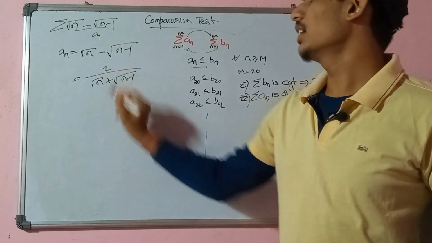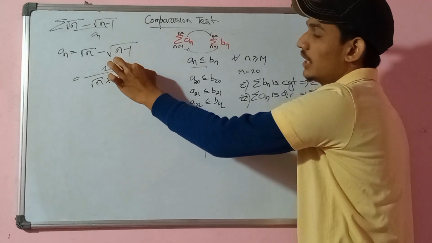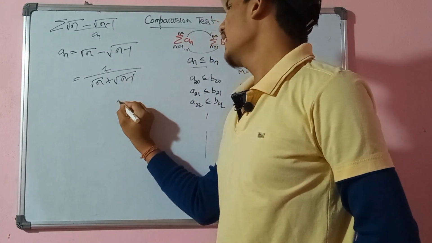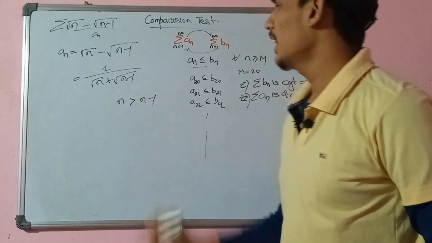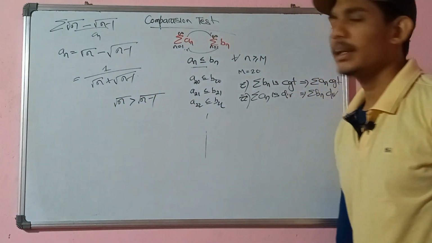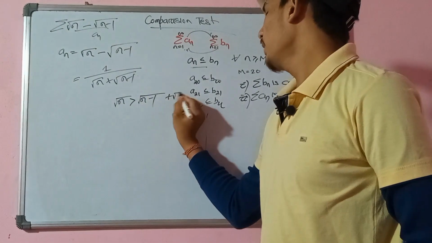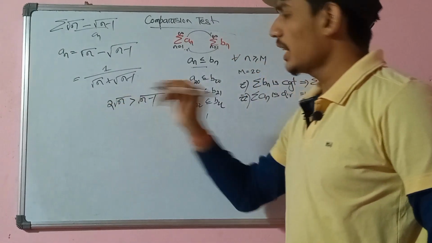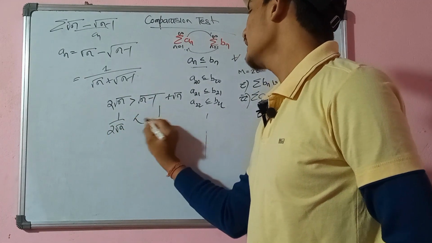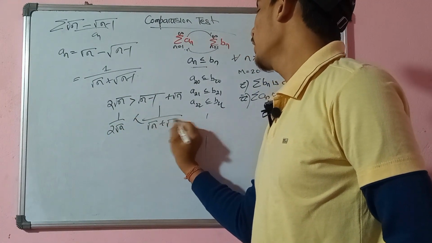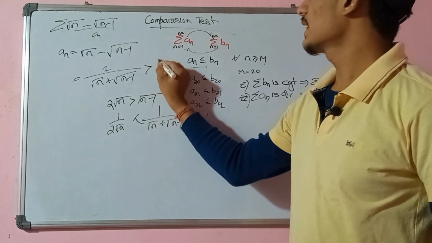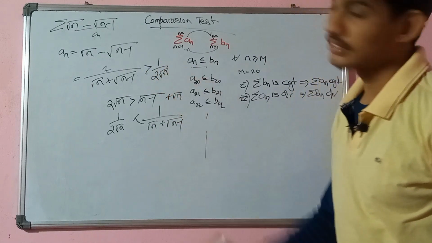In the numerator you will get 1. Here, can I write that root n is greater than root n minus 1? Then if I add root n, I can write 1 by 2 root n is less than 1 by root n plus root n minus 1. So I can write this is greater than 1 by 2 root n.